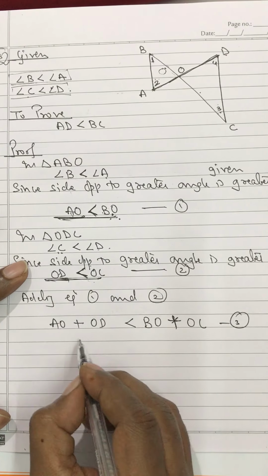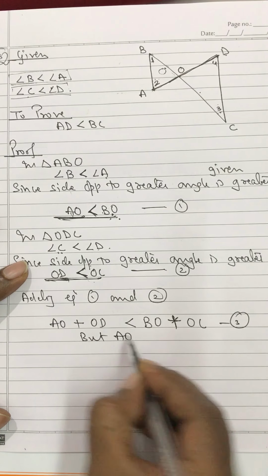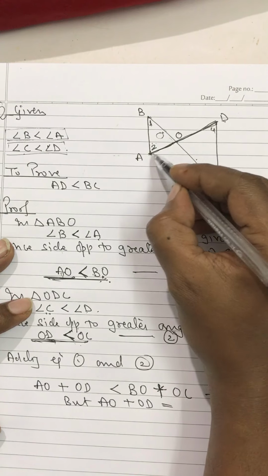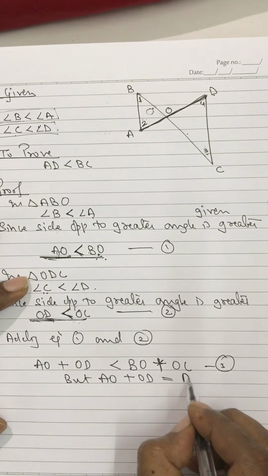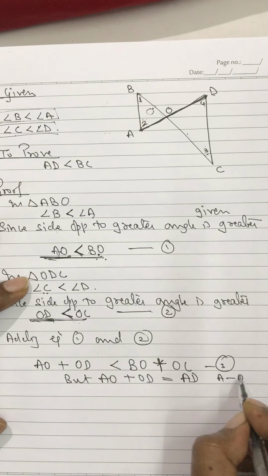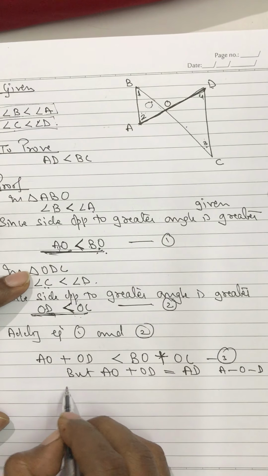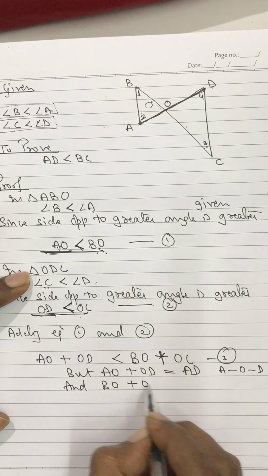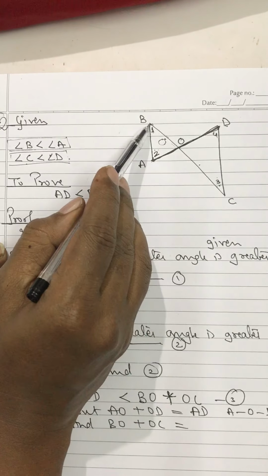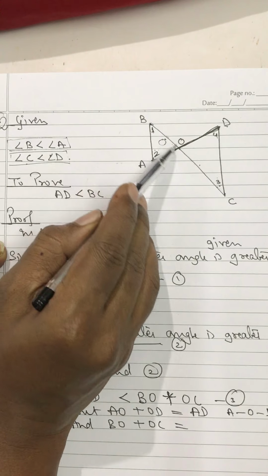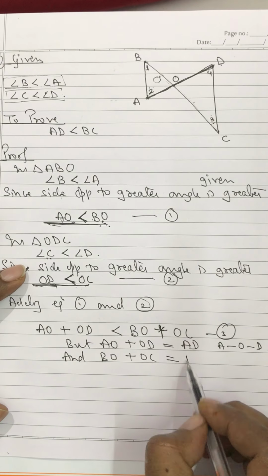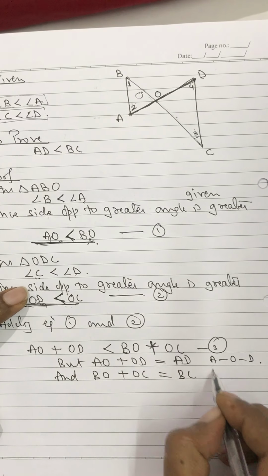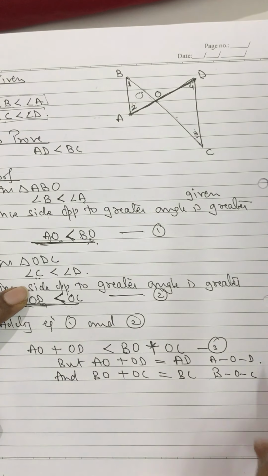This is the third. Now sub questions. AO plus OD is AD, because A dash O dash D, and BO plus OC is BC, because B dash O dash C, they are in this arrangement.